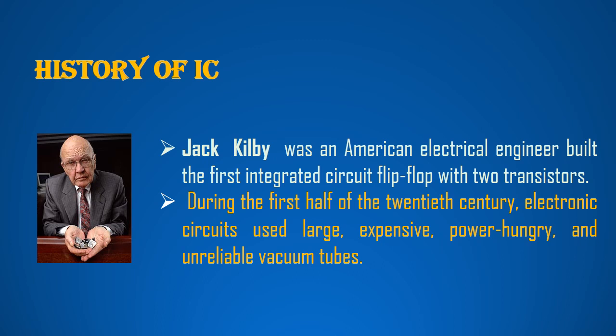So history of IC. Jack Kilby was an American electrical engineer. He built the first integrated circuit. So in the olden days, electronic circuits used large, expensive, power hungry and also unreliable vacuum tubes. So to overcome these drawbacks, they go for the new transistors.